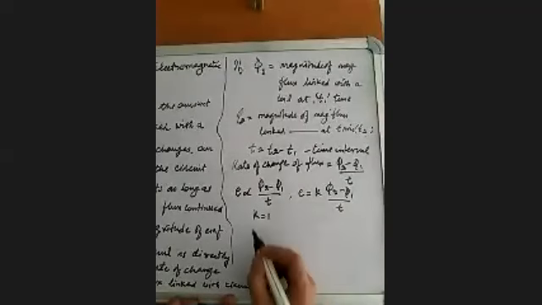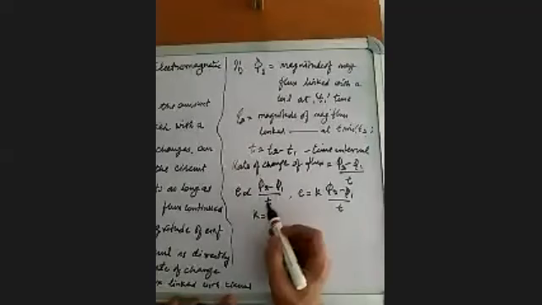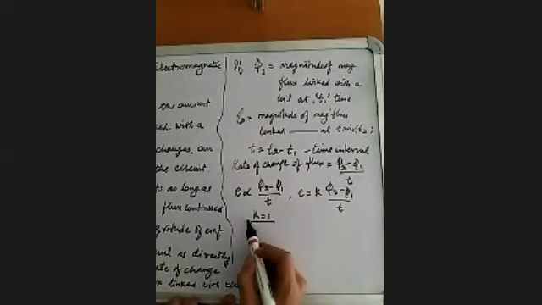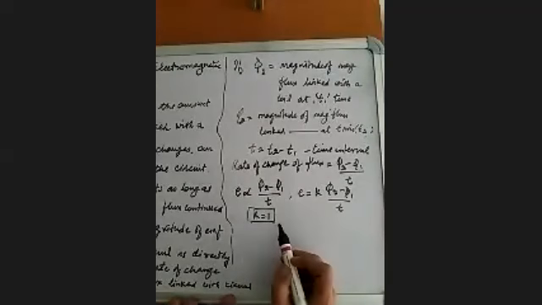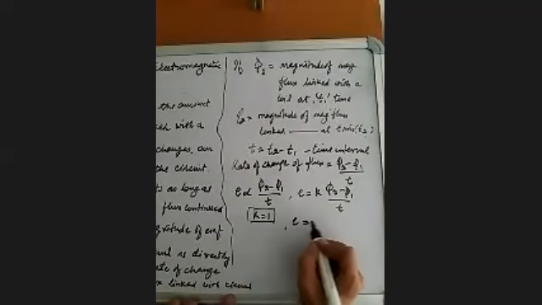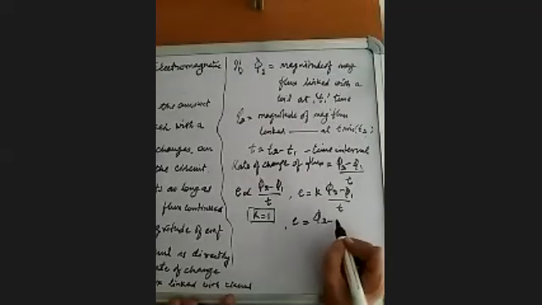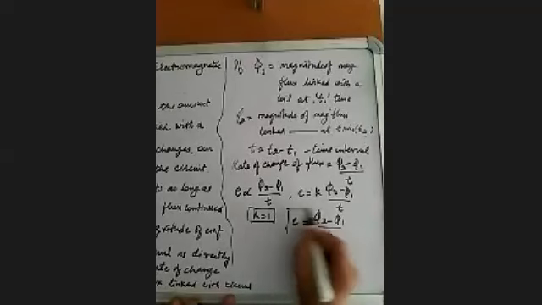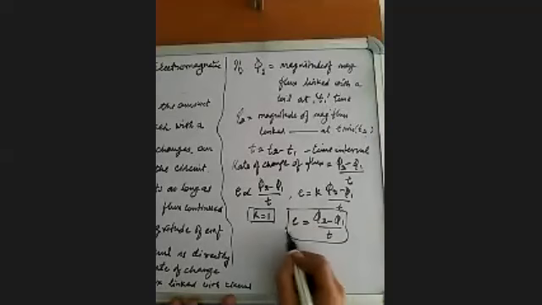We choose units in such a way that K is 1, and therefore E is equal to (phi2 minus phi1) divided by t. Okay, so that is the expression for EMF induced.